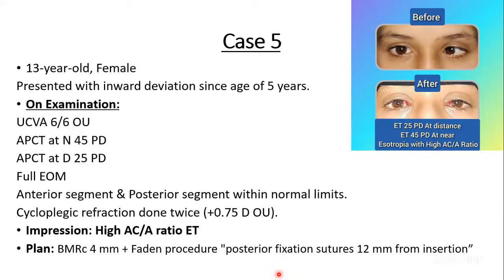For DVD, a patient with infantile esotropia with dissociated vertical deviation, to treat the dissociated vertical deviation sometimes we do a superior rectus Faden. We do a posterior fixation suture to the superior rectus, and that will help in having lesser hyperdeviation in the eye, to decrease the DVD without affecting the alignment of the eye.